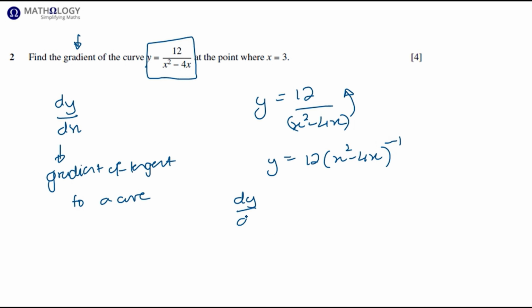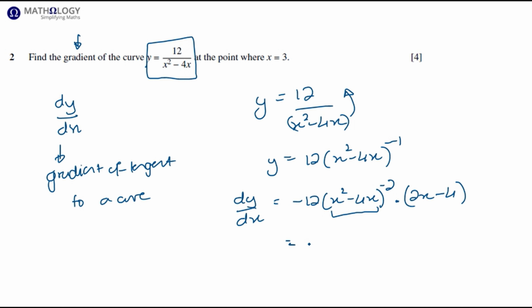So differentiating this function, dy/dx gives us minus 1 times 12, minus 12 times (x squared minus 4x), and then we subtract 1 from the exponent, so it's to the power of minus 2. But using the chain rule, we also need to find the derivative of the contents of the bracket. So the derivative of x squared is 2x, and the derivative of minus 4x is minus 4.